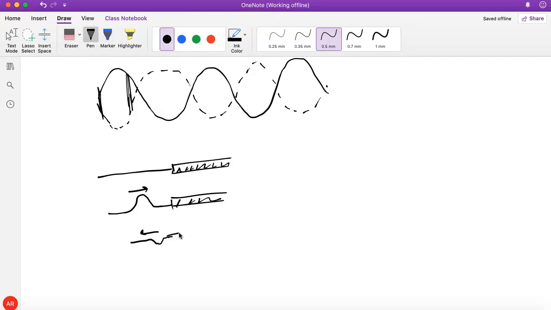Let's say this reflection has traveled this much; here it has traveled less, so it's going to be somewhere over here. They will both have a smaller amplitude than the incident pulse because of energy conservation, basically.